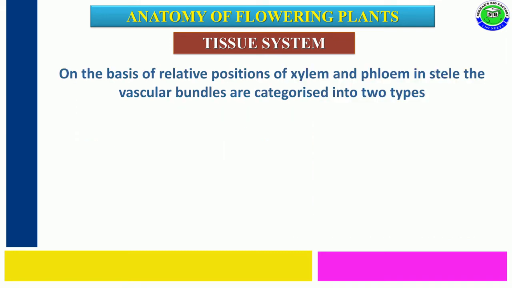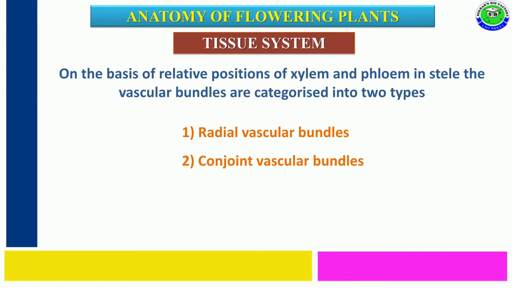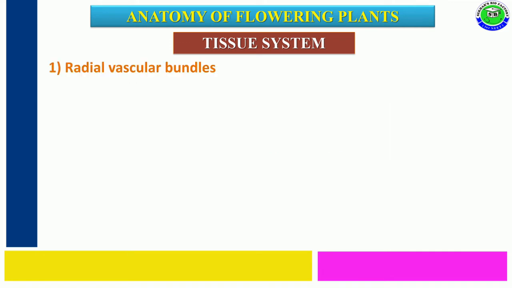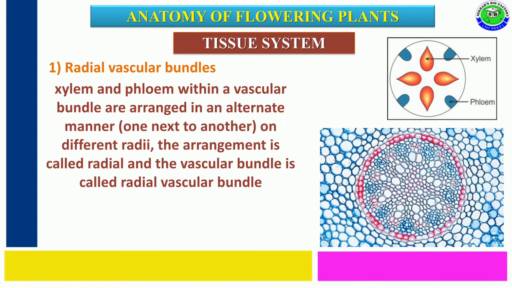On the basis of the position of xylem and phloem inside the stele of root and stem, the vascular bundles are categorized into two types. One is radial vascular bundles and the second is conjoint vascular bundles. Radial vascular bundles are a special type of arrangement seen in roots.